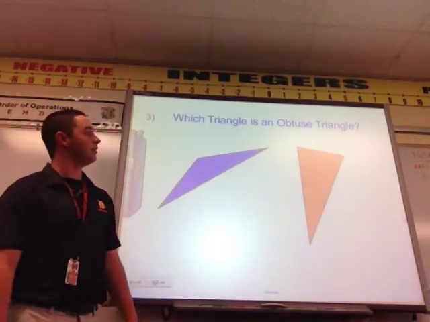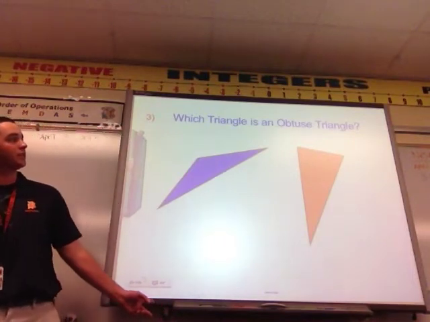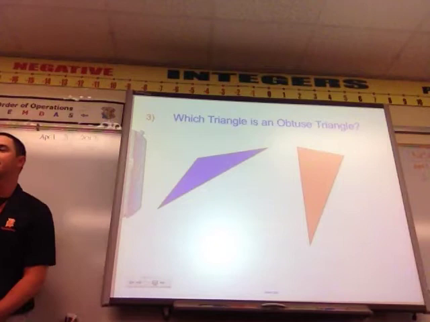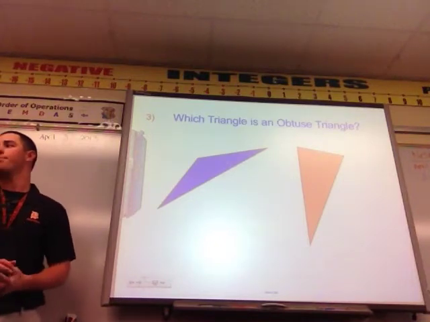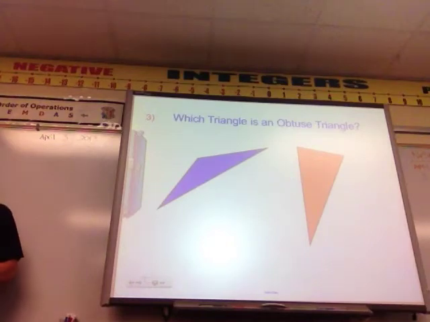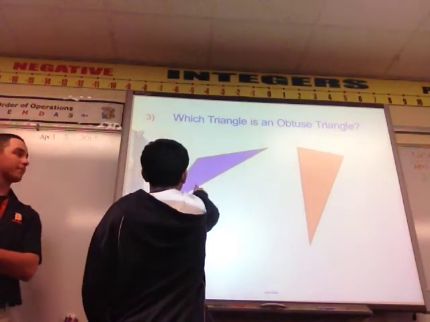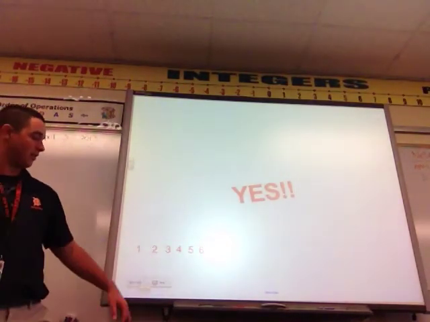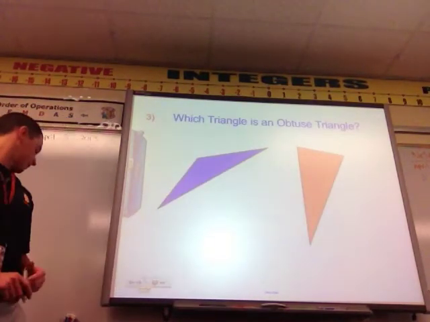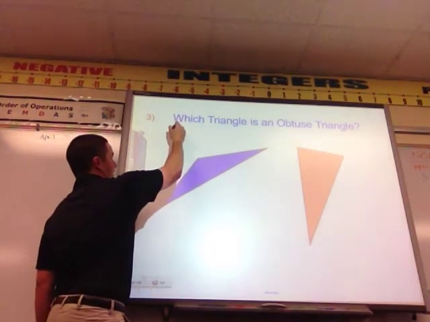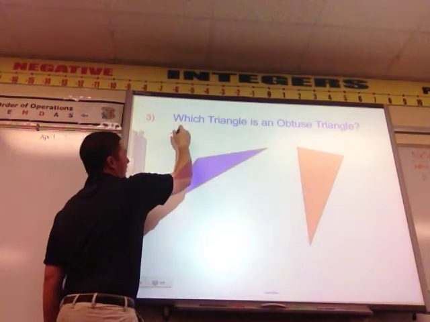All right, so now we're going to mix it up. Which triangle is an obtuse triangle? Yep, got it right again. The blue triangle is an obtuse triangle because it has an angle that is greater than 90 degrees.